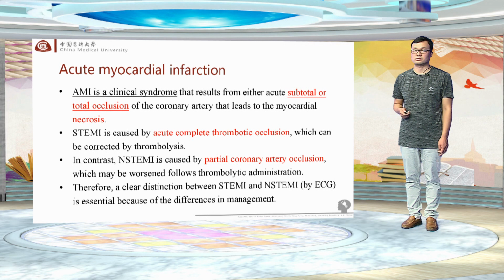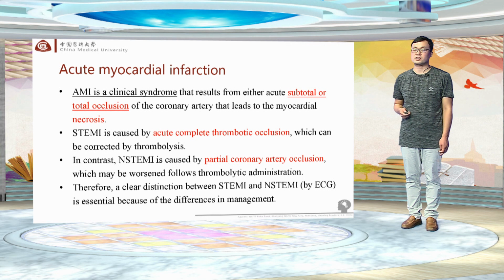Acute myocardial infarction is a clinical syndrome that results from subtotal or total occlusion of the artery that leads to myocardial necrosis. ST elevated myocardial infarction is caused by acute complete occlusion, which can be corrected by thrombolysis.